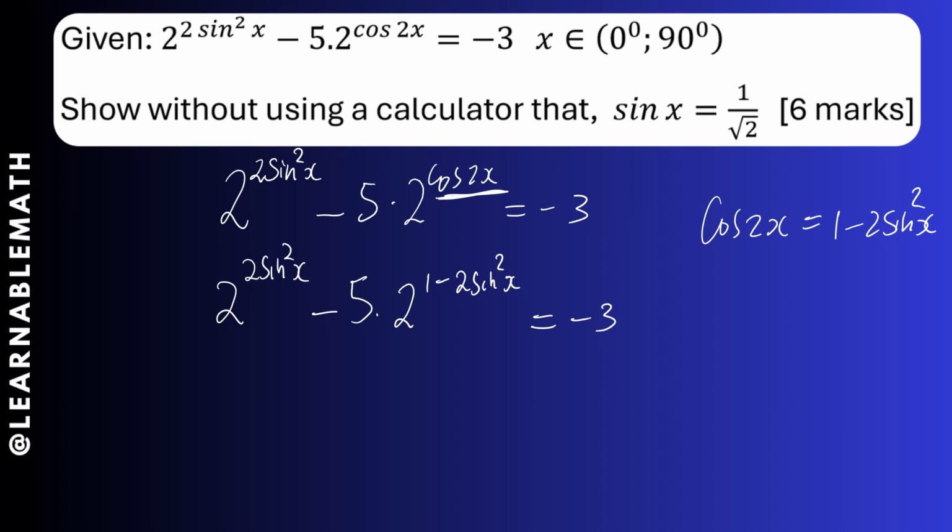Then obviously in this case what we can do is separate here. We can break this and write it as the multiplication of powers of the same base, which will be 2.